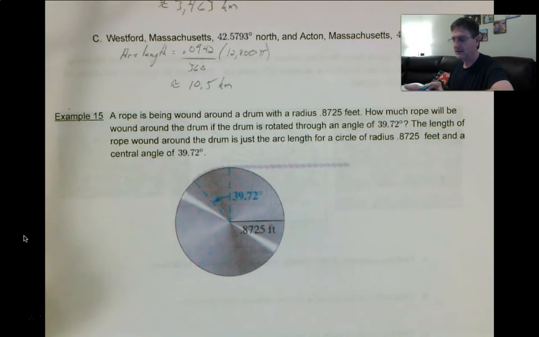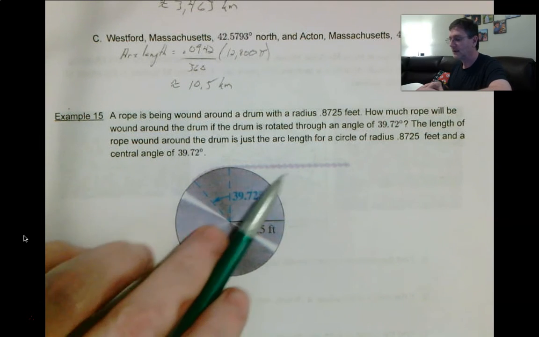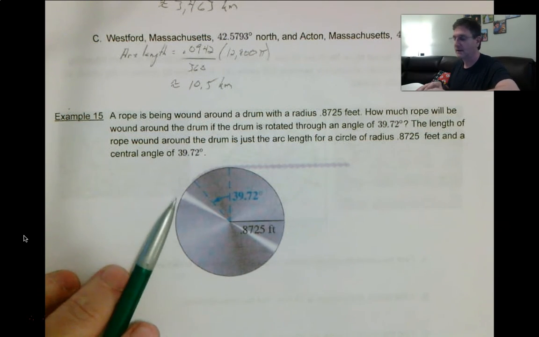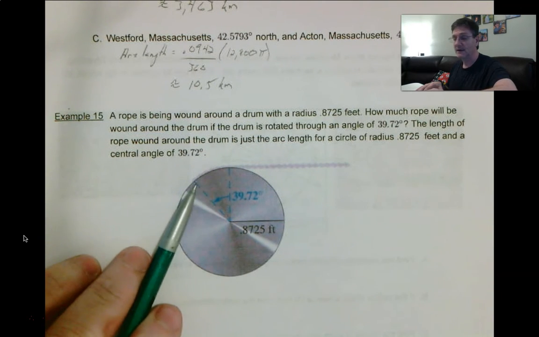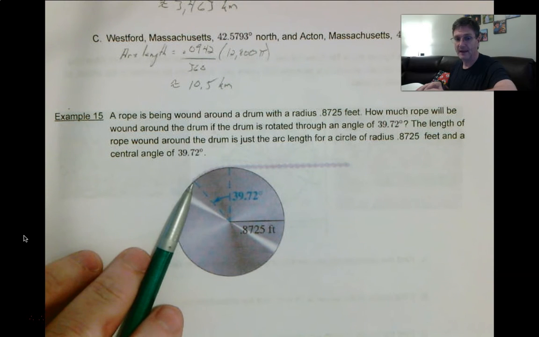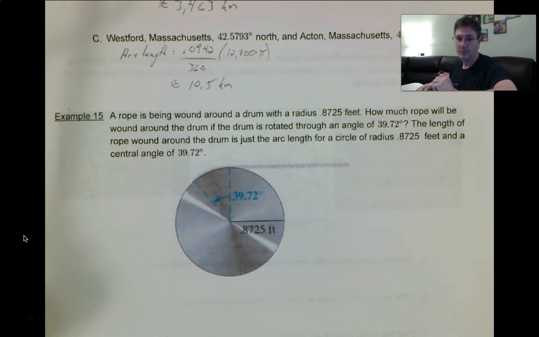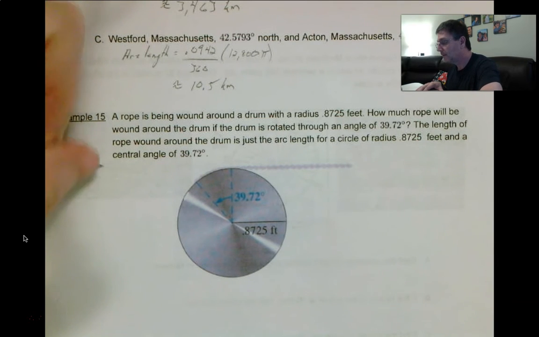Well, if you go into mechanical engineering, you care about these fine details of this gear is turning and this rope is winding around the gear, or this is the chain on a bicycle and it's turning here. How much bicycle chain goes around that gear when it's gone 39.72 degrees? And again, that might be important when you're designing something. So, arc length.